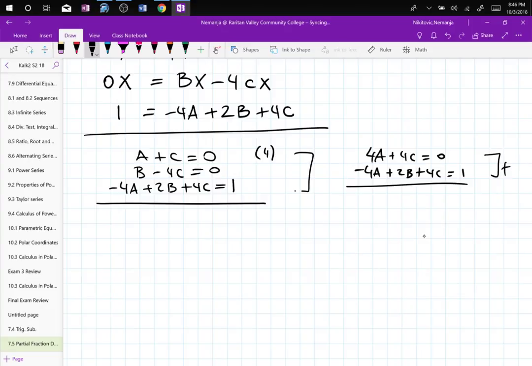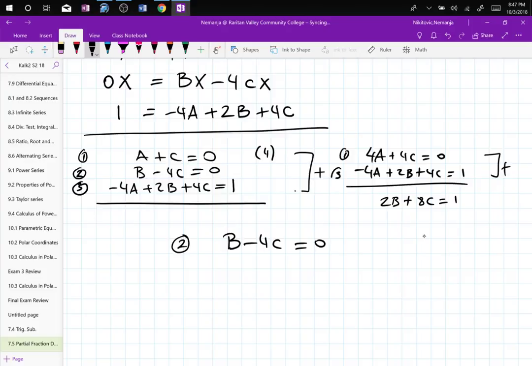When I add these two equations, I get 2b plus 8c is equal to 1. Now I have b minus 4c equals 0, that's equation number 2 that we did not use. I want to label all the equations. This is a new equation, I'll call it number 4.